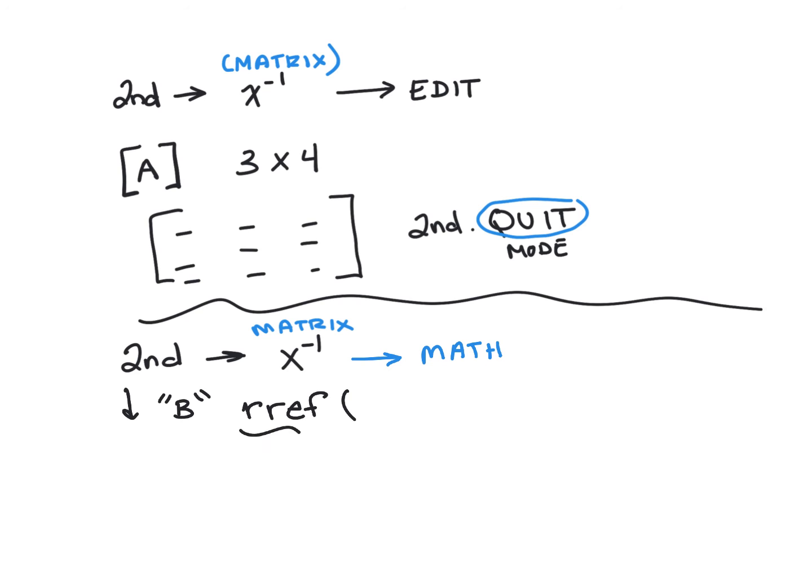That's going to look like this on your screen now. And then you're going to hit second, and then that key that says matrix again, and then just choose matrix A. And then hit enter.